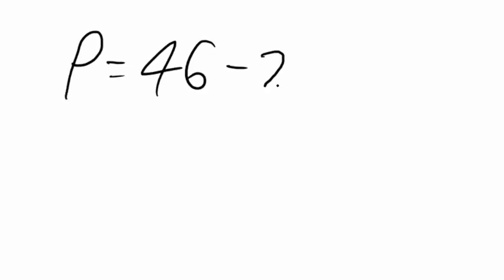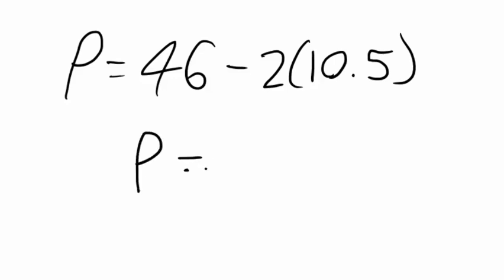And our price function was P equals 46 minus 2 times quantity, and our quantity was 10.5. And by plugging that into a calculator, we get a price of $25. So we would produce 10.5 units, and we would charge each of those units at $25 each.